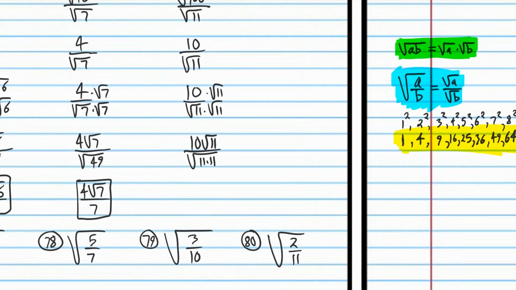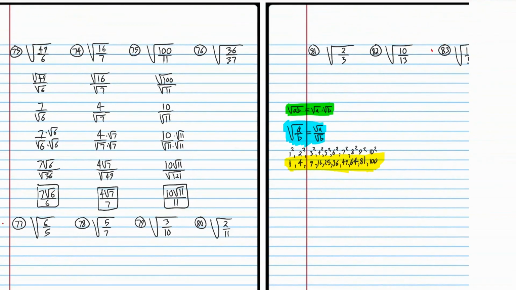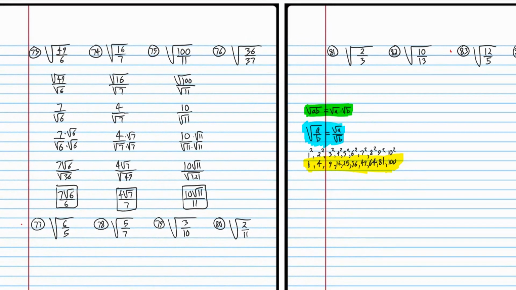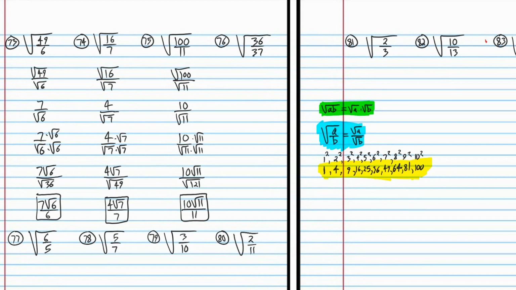Well, actually, I guess I had to skip the step. I'm running out of room here. Sorry about that. So that'll be root 121. And 121 is a perfect square, so it just becomes 11 as usual. So we got that answer. Good job. Try number 76, and when you come back, we'll do it together. All right, we're back.